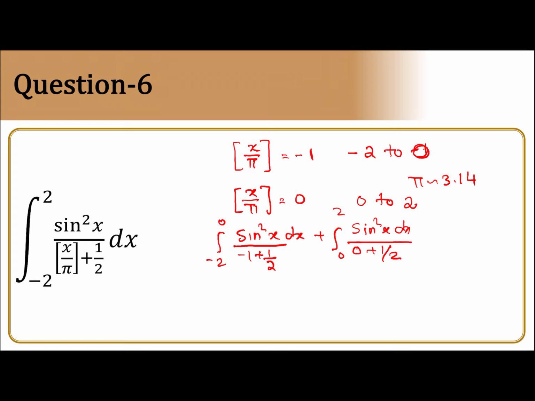Rest is simple. This becomes minus 1 by 2 times integral -2 to 0 of 2 sin square x dx plus integral 0 to 2 of 2 sin square x dx. See, in JEE Advanced especially, multiple concepts are asked. Here, the concept of greatest integer, then converting 2 sin square x into a double angle and doing it. Please write down, we'll move further. So by just seeing, you can see it's odd and even, we can't identify it as an odd function.